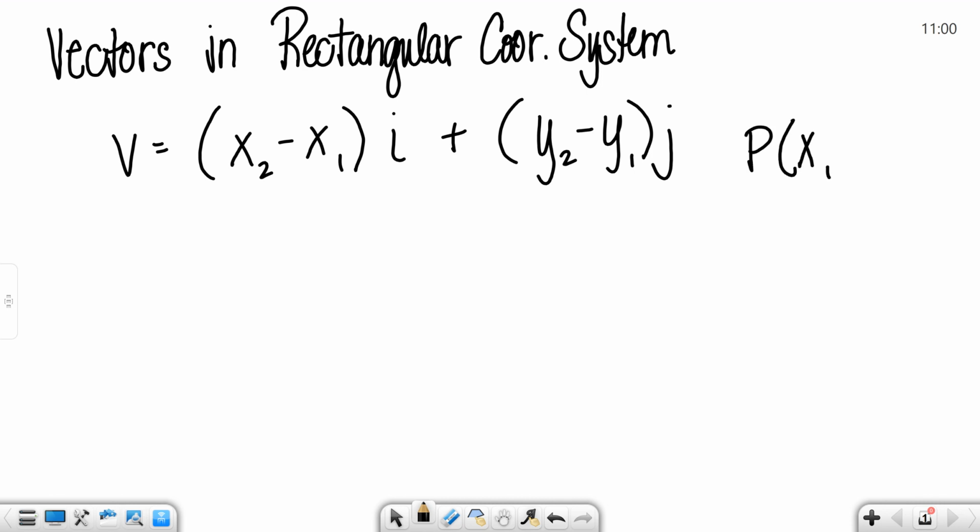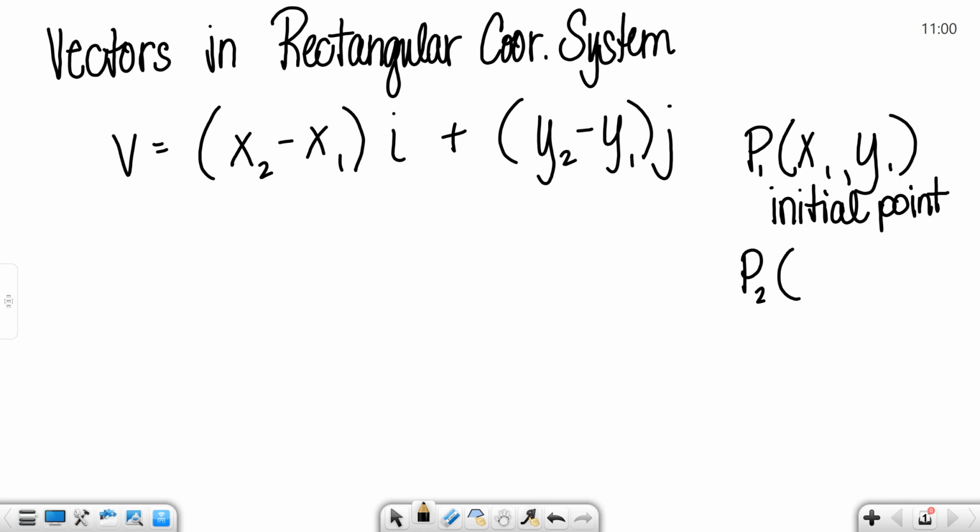So if P1 is my initial point, and my second point is my terminal point, now I would be able to find components even though my initial point is no longer the origin. So subtract the x's to find component A, subtract the y's to find the new component B.